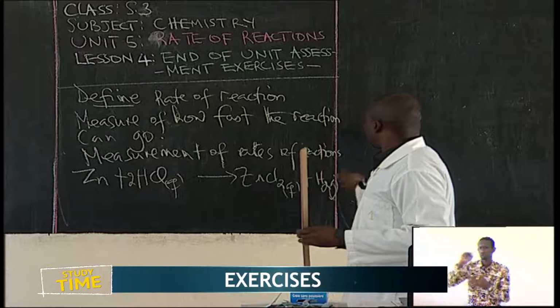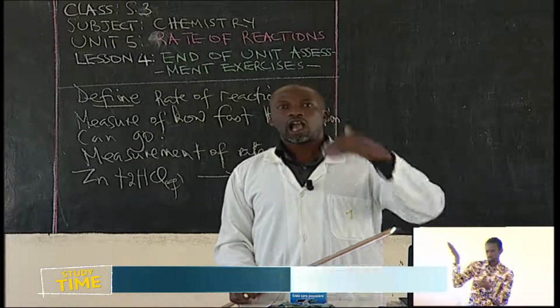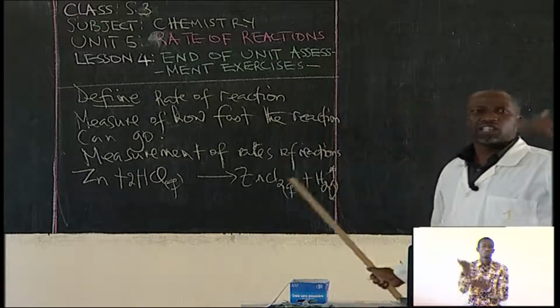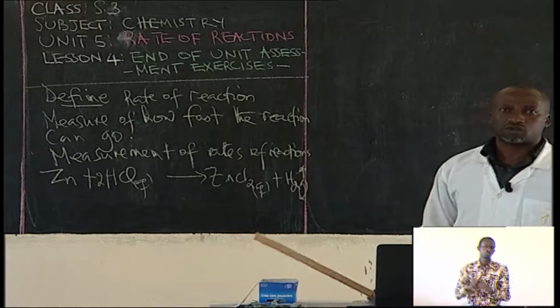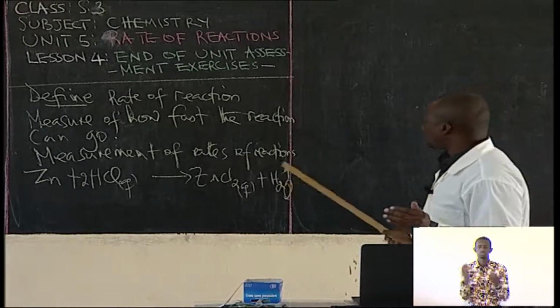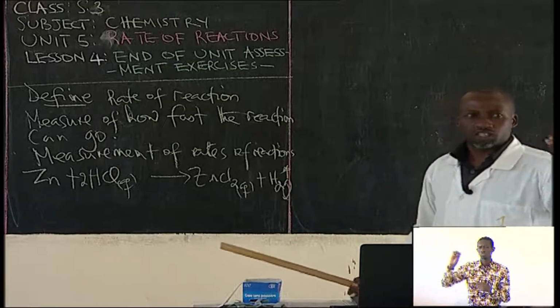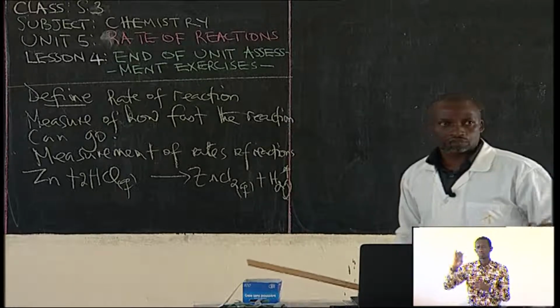And we said for this reaction, we can determine how much of the hydrogen is produced by measuring at constant intervals of time. How much volume of hydrogen is produced in specific, constant intervals of time.